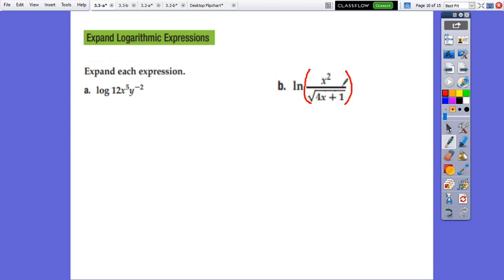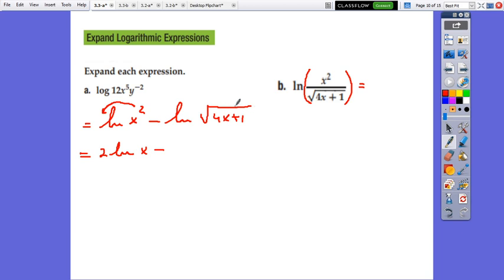Here, as long as we have division, we are going to use the quotient property. This equals ln x squared minus ln the square root of 4x plus 1. The exponent goes outside the log, so it will be 2 ln x minus, we have to remove this radical because the radical came from a rational exponent, so it will be 4x plus 1 all to the exponent 1 over 2.